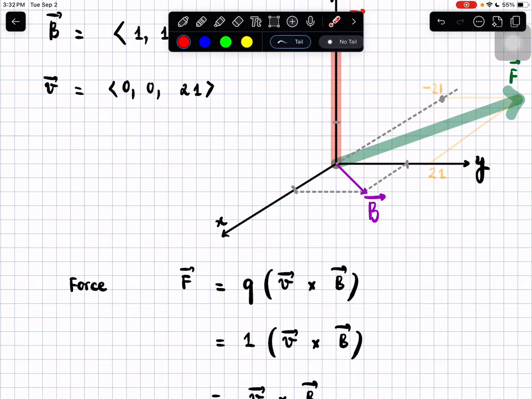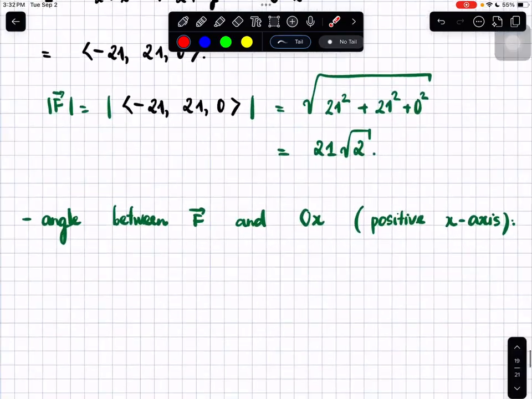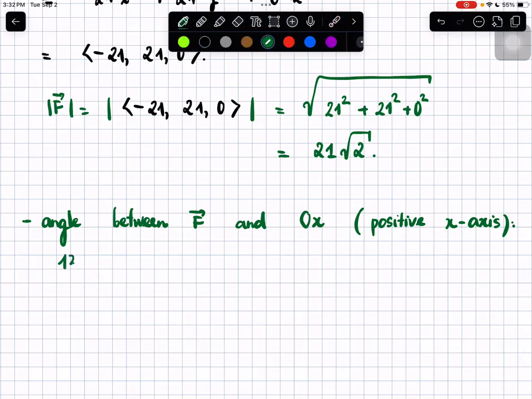This side is 21, this side is 21, so this angle is 45 degrees. So 45 degrees plus 90 degrees gives 135 degrees. That is the first method: we know the angle has to be 135 degrees.